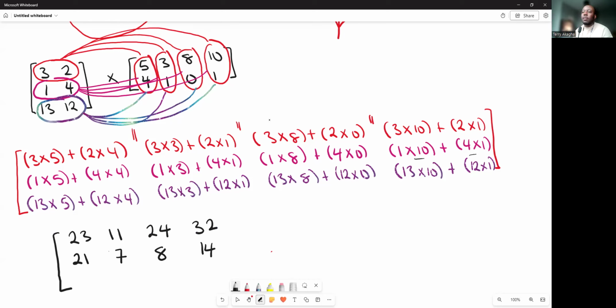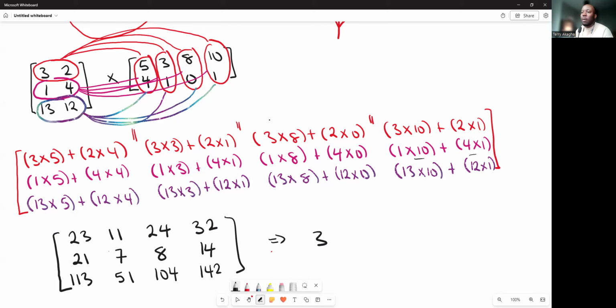Then 13 times 5 plus 12 times 24 will give you 113. 13 times 3, 39. 39 plus 12 will give you 51. 13 times 8 plus 0, that will give you 104. And 130 plus 12 will give you 142. So you can see how many rows is this? 1, 2, 3.